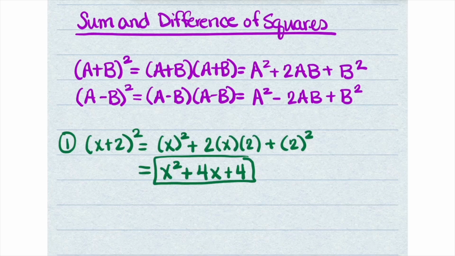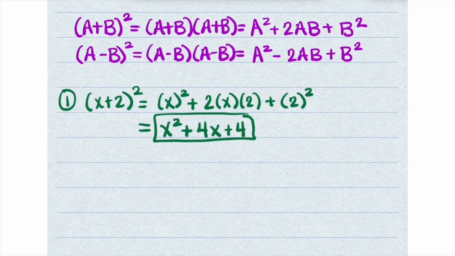This is a trinomial of degree 2. Easy? Good. Let's do one with the subtraction. Okay, I have 2x cubed. I said one with the subtraction. Okay, we'll do this one. I have one with the subtraction too.